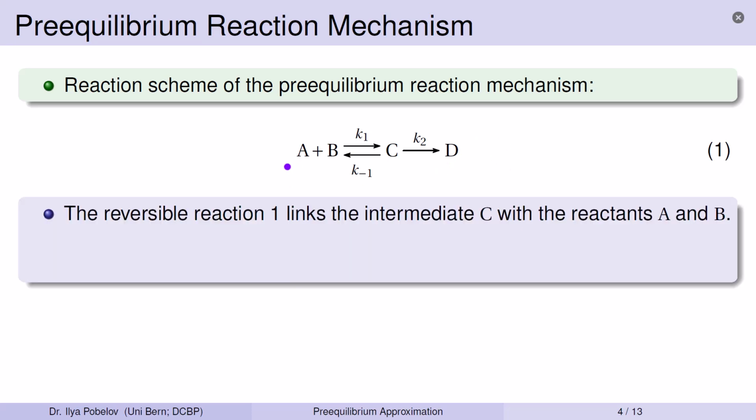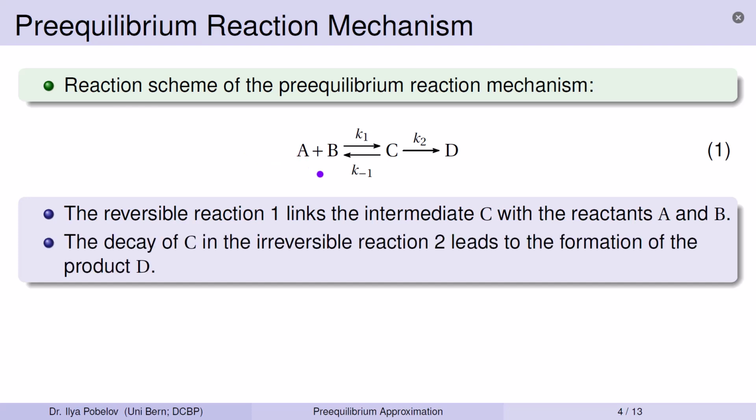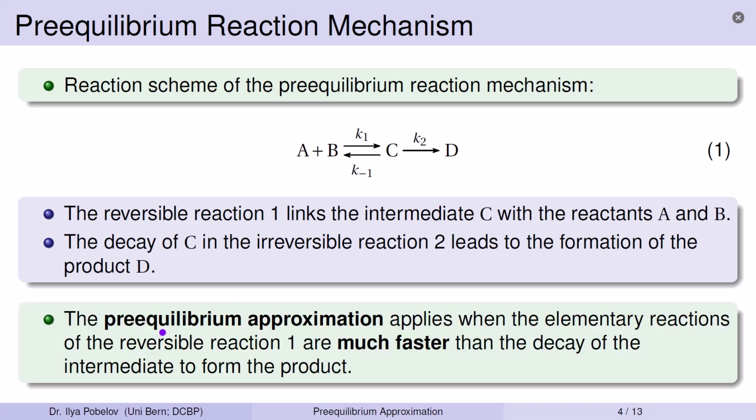In this mechanism, the reversible reaction 1 links the intermediate C with the reactants A and B. The decay of C in the irreversible reaction 2 leads to the formation of the product D. The pre-equilibrium approximation applies when the elementary reactions of the reversible reaction 1 are much faster than the decay of the intermediate to form the product.